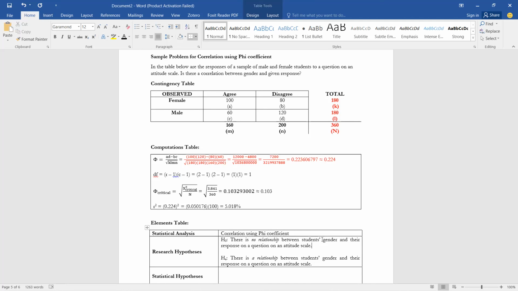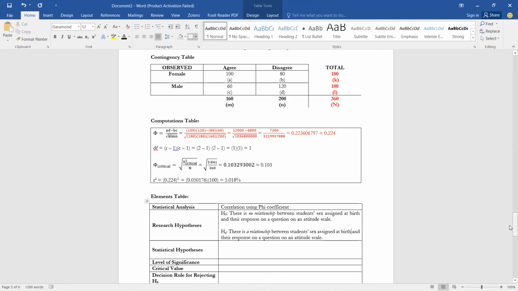That this problem might have been pertaining to sex assigned at birth, I think, which is more politically correct, given that we only have two categories for this. So I'm more comfortable using sex assigned at birth, because gender has other, we want to recognize other queer identities. So yeah, I would like to correct that.